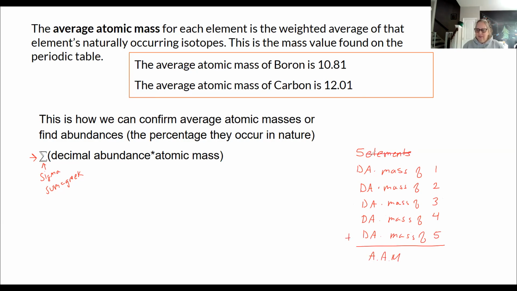These are going to be 5 isotopes, same protons, different number of neutrons.